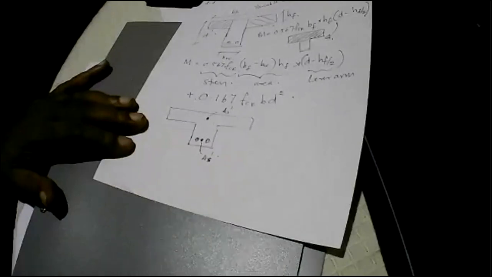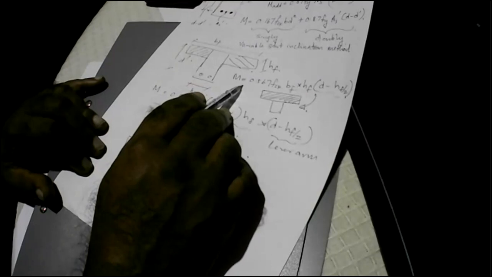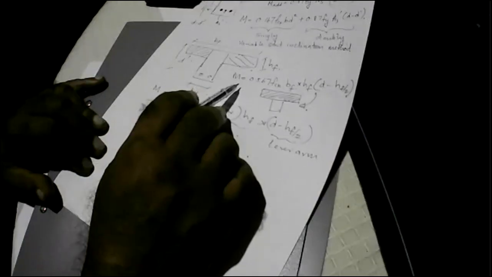So when you have a flange beam, when you calculate the reinforcement, the easiest thing is to find this value. Write this equation and find where you are. And if the moment that you have to carry is less than this value, then you can simply consider it as a rectangular beam, and the width of the flange is BF.